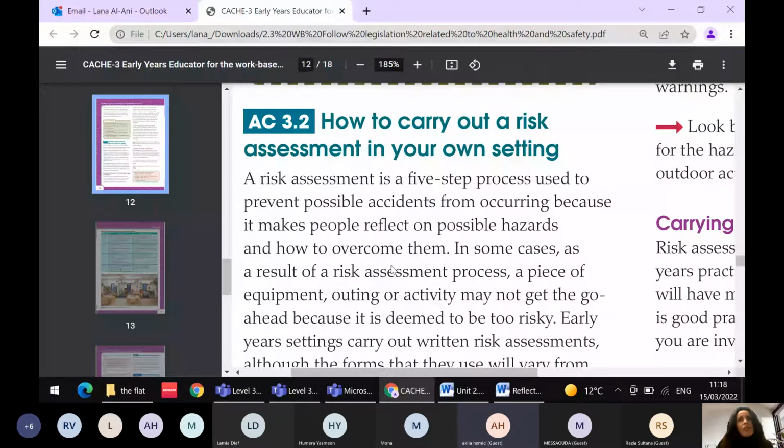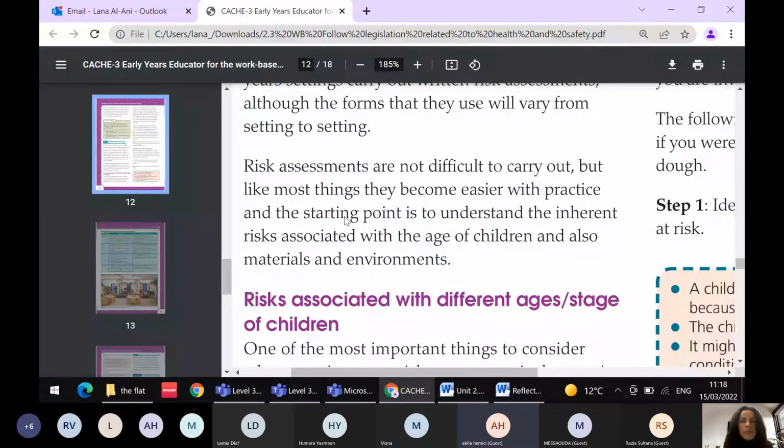So one of the situations when I create any activities, for example, I'm planning to take the children out, I need to create this risk assessment. So what I do, I go outside, make sure there is no hazard there. Check all the areas so the children wouldn't fall or hurt themselves.